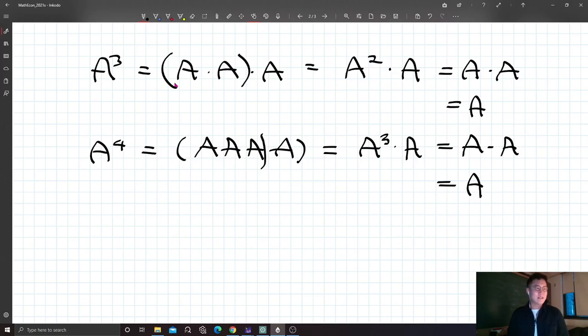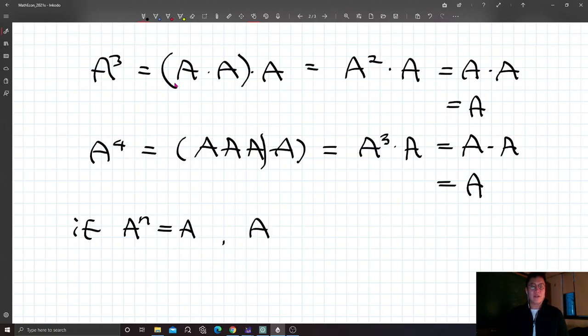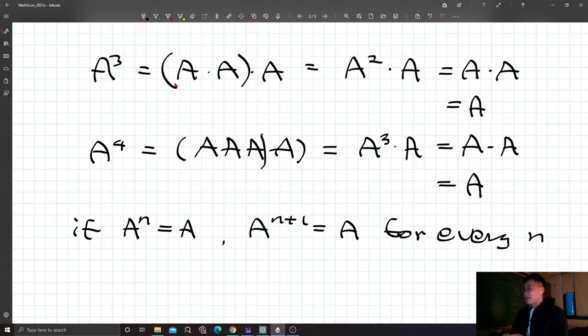So I'm not sure if you have heard of mathematical induction, but the induction proceeds as follows. If A to the power n equals A, then A to the power n plus 1 equals A, for every n. Okay, if we show this statement, then it is an infinite chain of statements.